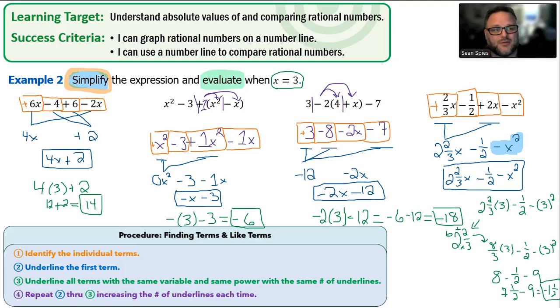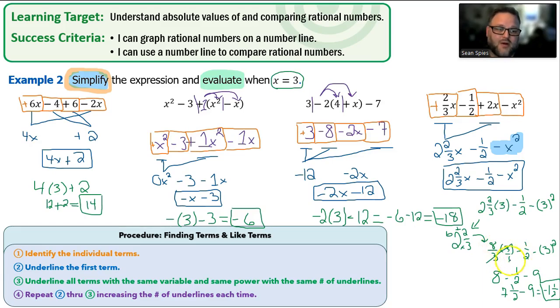And this is why most people don't like fractions, because there's a lot to do. First thing I did was I turned this mixed number into an improper fraction of 8/3. When I multiplied this 8/3 times 3, I remembered that this 3 is the same as 3 over 1. And when the numerator and denominator share a factor and they're multiplying, those factors cancel.